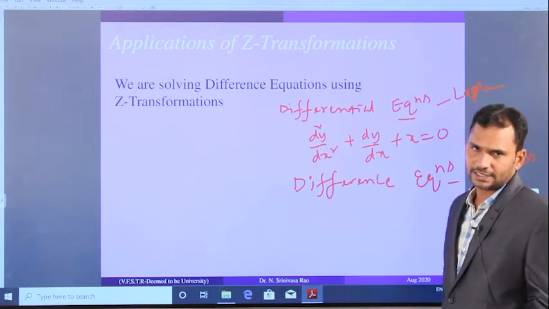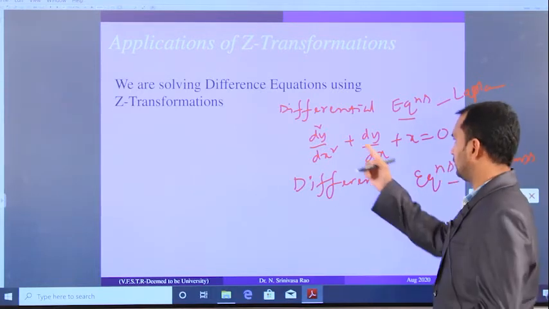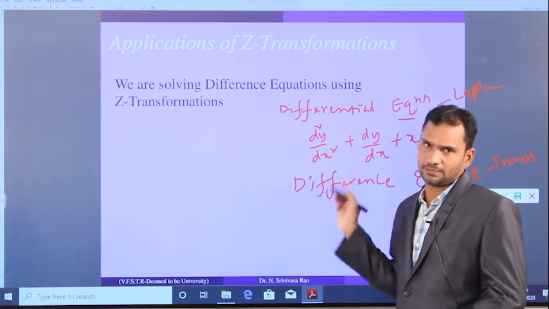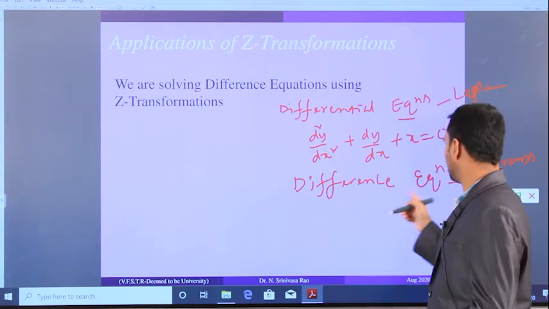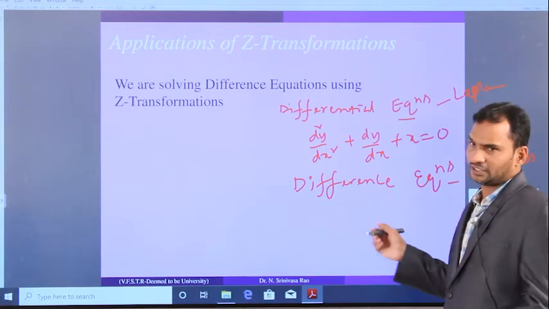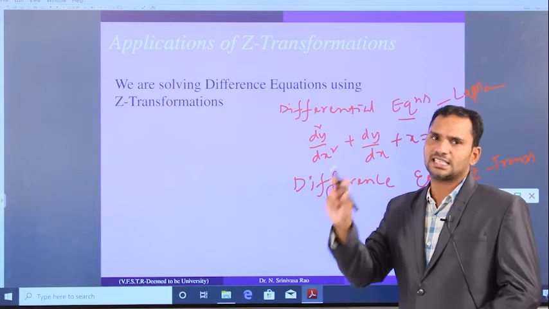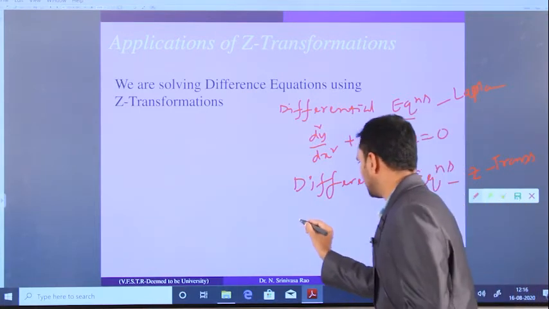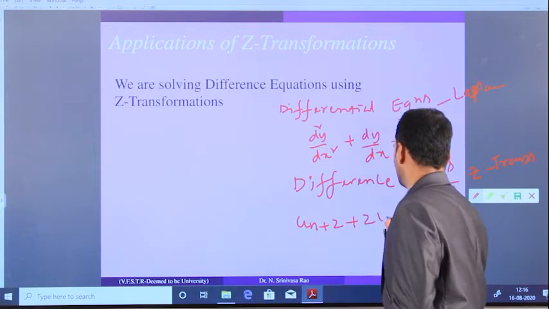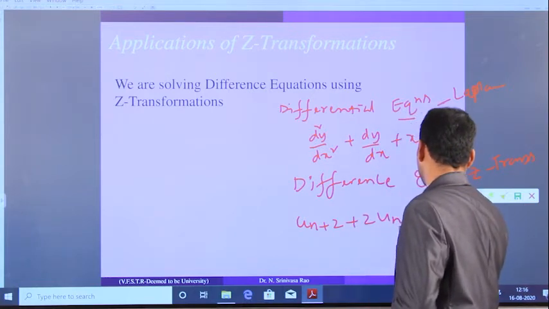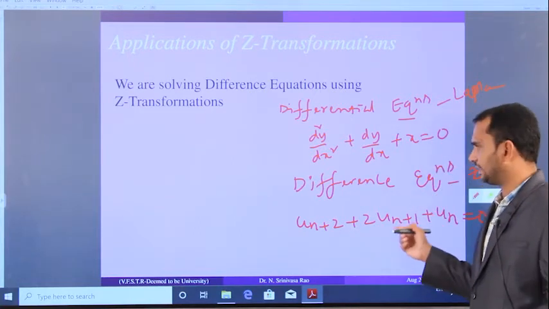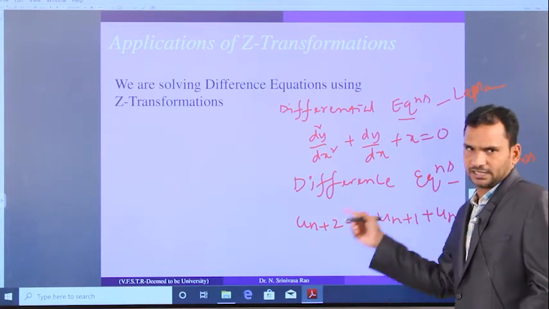For differential equations we need functions, y of x, y of t or something. But for difference equations we need sequences. It is a relation between sequences. For example, we have a sequence, u n plus 2 plus 2 u n plus 1 plus u n equal to 0.